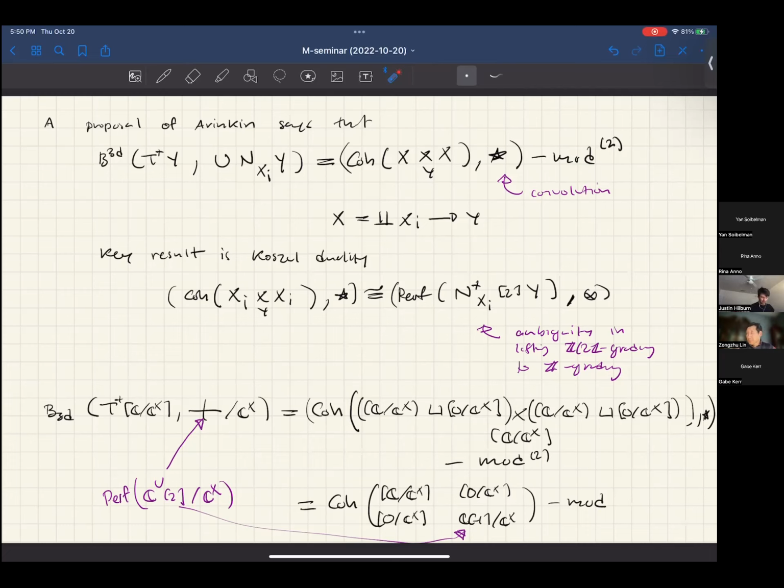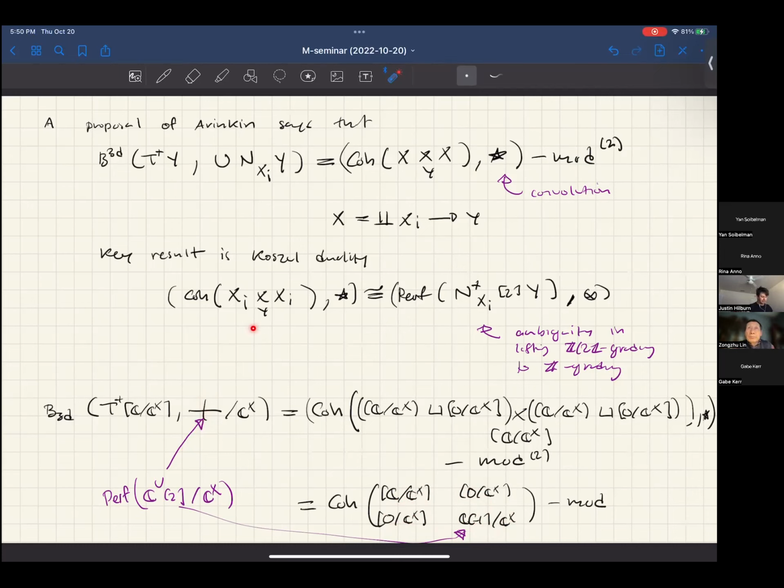So anyway, this thing is some interesting 4-term, it's just a categorical version of a matrix, a matrix category. And there's a generalization of this result where I managed to identify this self-intersection of 0 with itself over C with sheaves on this cotangent fiber.